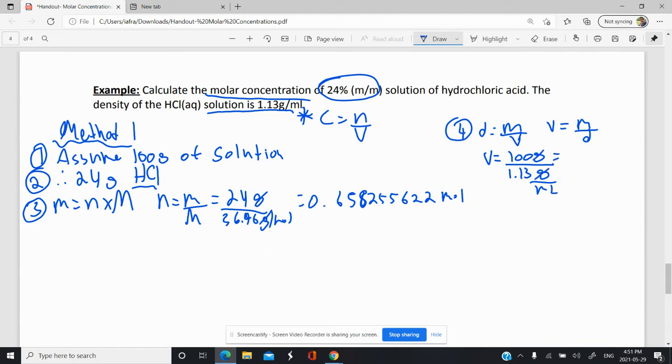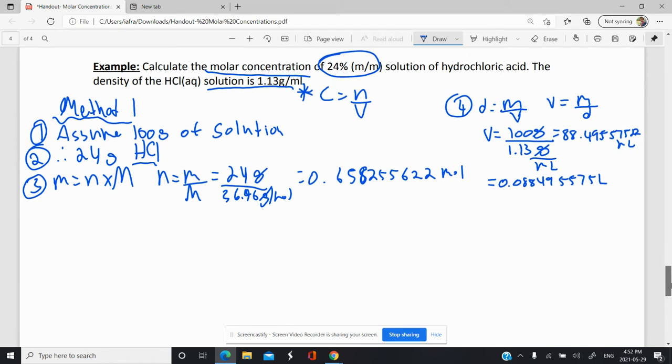So 100 divided by 1.13, and we get about 88.49557522 milliliters, which in liters, you divide by 1,000, you get 0.088495575 liters.